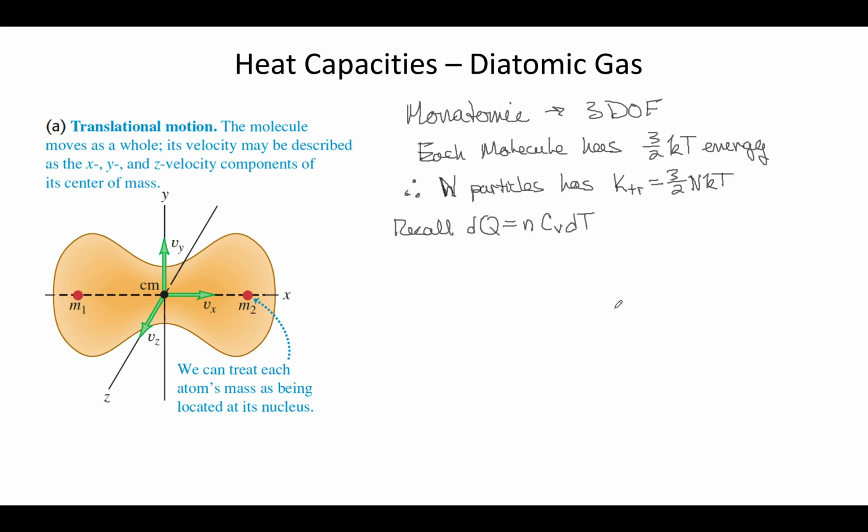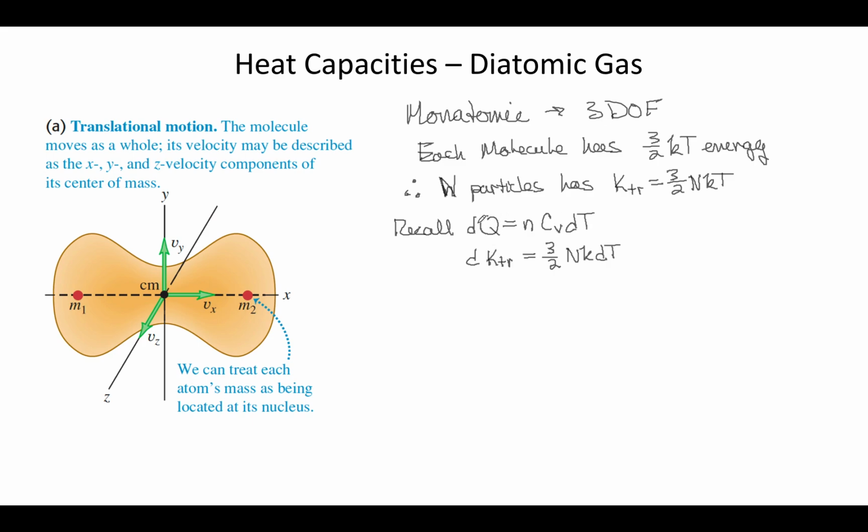And now we just basically need to recall, okay, dU = nC_V dT. Well, from here, N and k and 3/2 are constant. So a little algebra here. Here's a molar form, here's particle form. It's not a huge change, right?